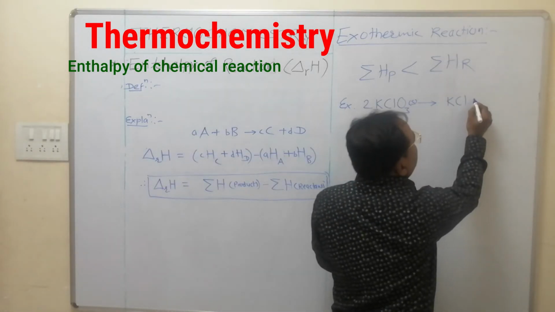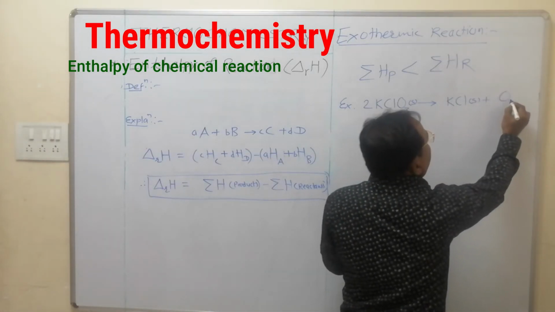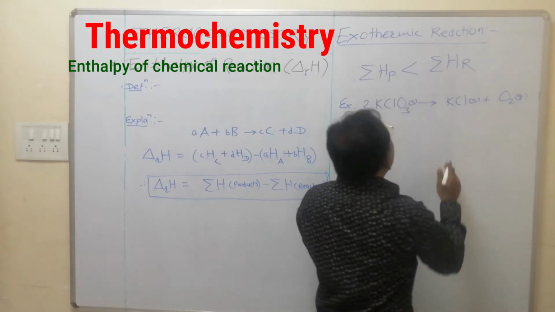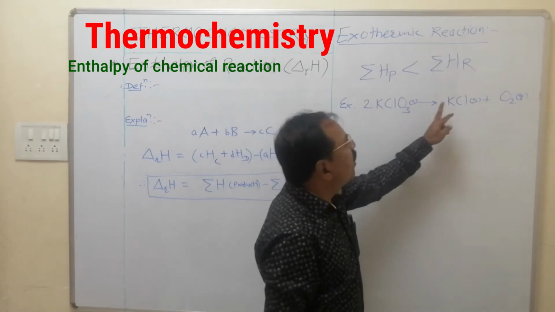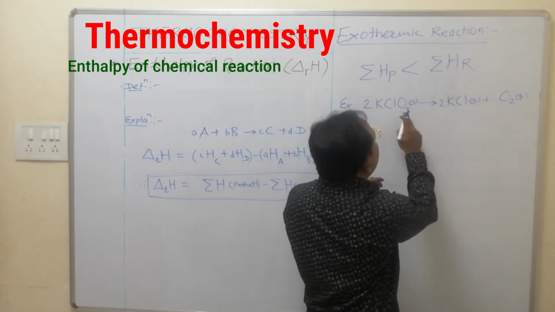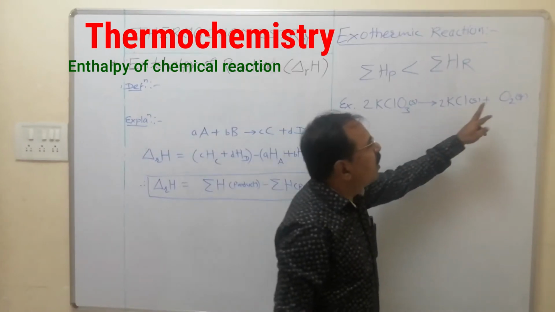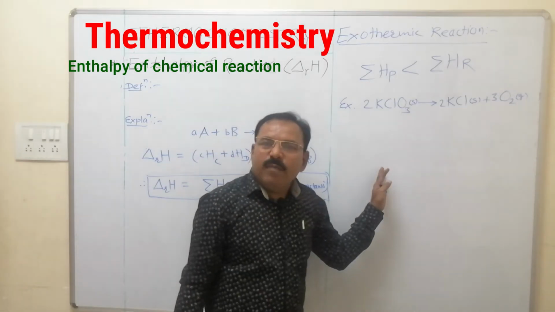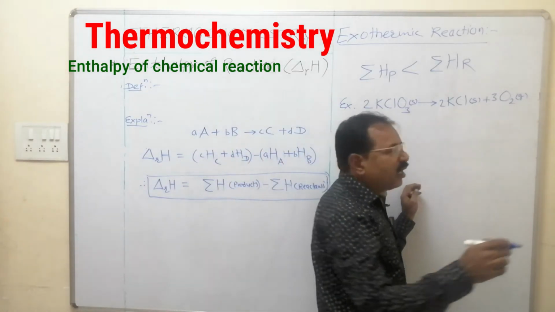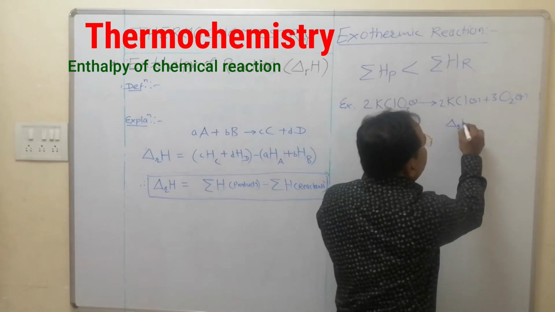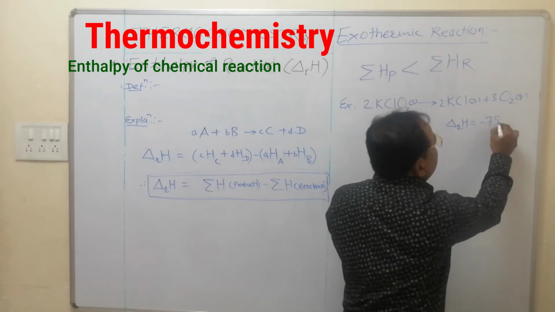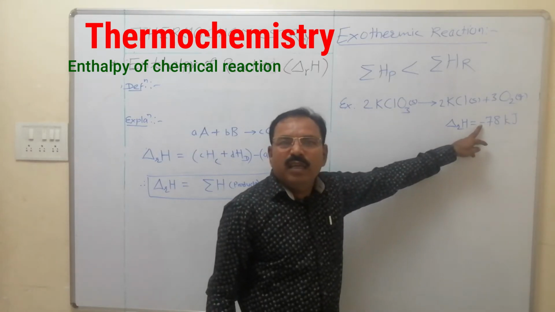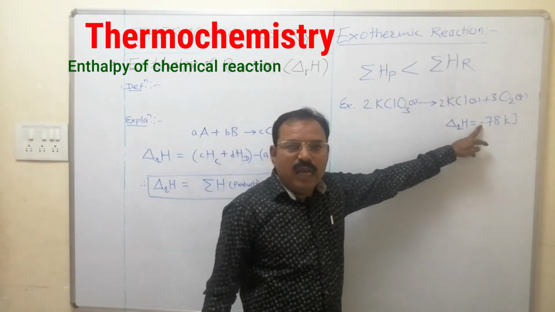Balance this equation: 2 KClO3 gives 2 KCl plus 3 O2, and its enthalpy of reaction is minus 78 kilojoule. I am writing here the enthalpy of reaction is minus 78 kilojoule. That means the negative sign indicates that heat is evolved or released.